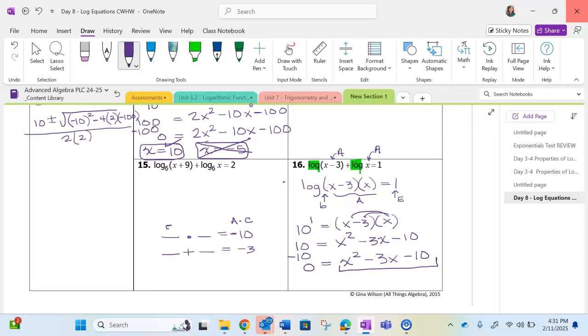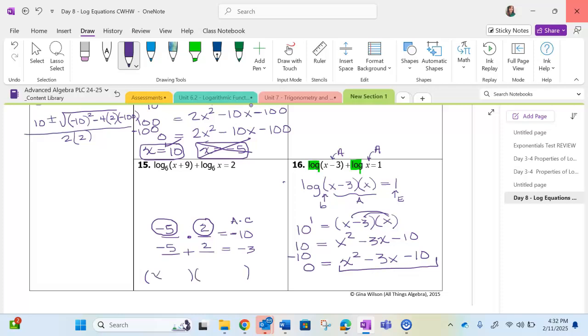So I'm going to try 5 and 2, but I'll start with negative 5 times 2 is negative 10, and negative 5 plus 2 also gives me negative 3. So these are my 2 numbers. Now, because there's a 1 in the front, when a is 1, you can skip the box and just go straight to the factors.